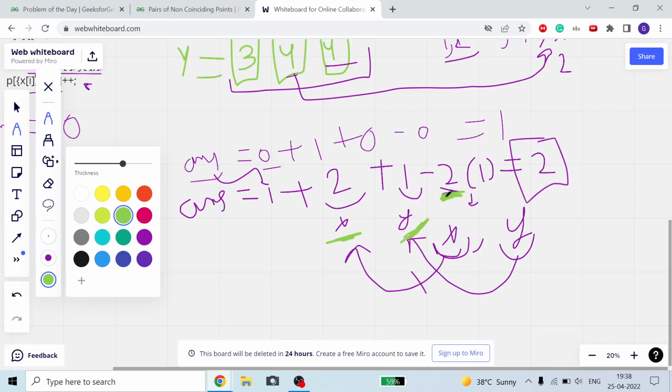That's why I am multiplying it by 2, because my x as well as y coordinates are the same, and I am adding my same x coordinate count and my same y coordinate count, and I don't need to count those who have both of them equal. So one time I will subtract for the x coordinate, other time I will subtract for my y coordinate. That's why I am multiplying it by 2.